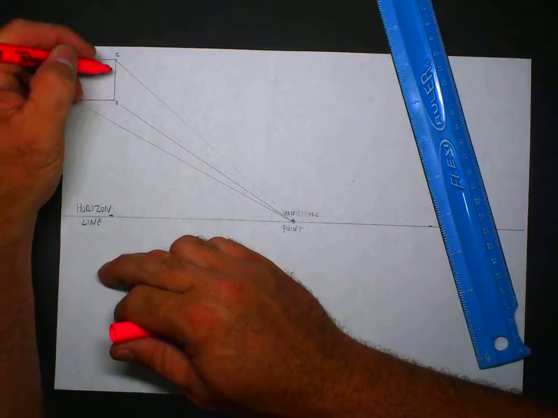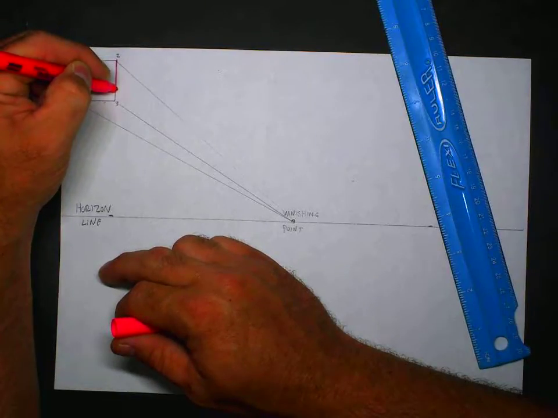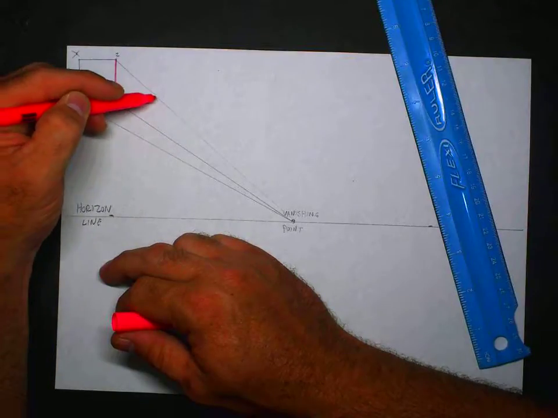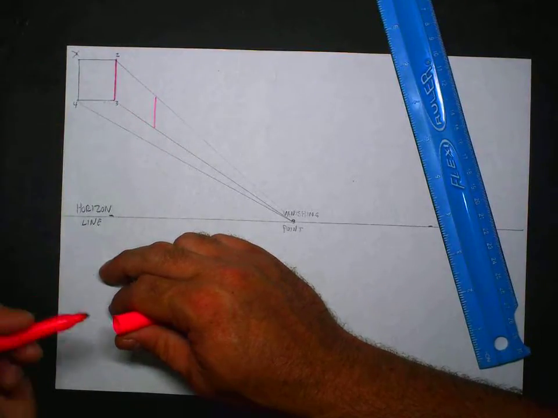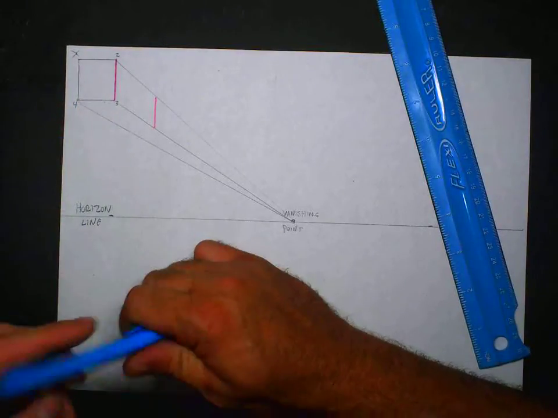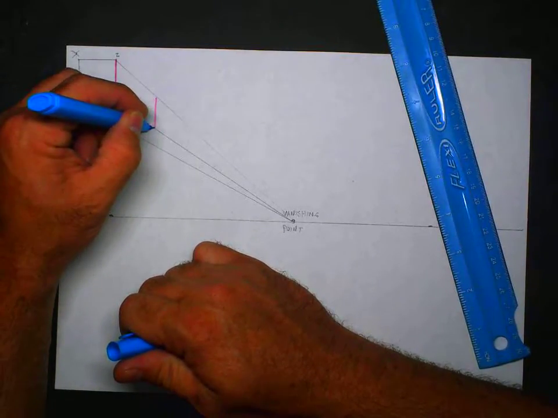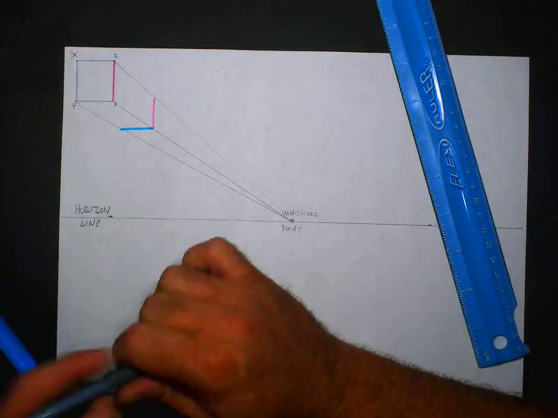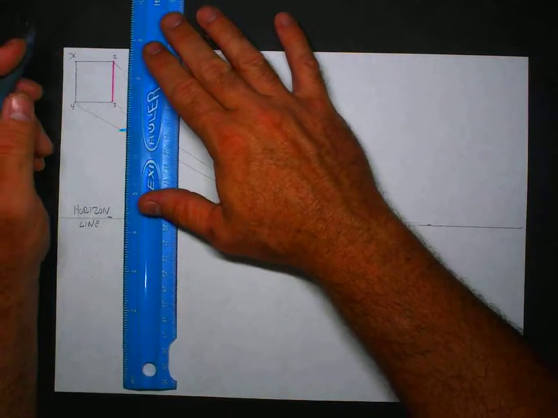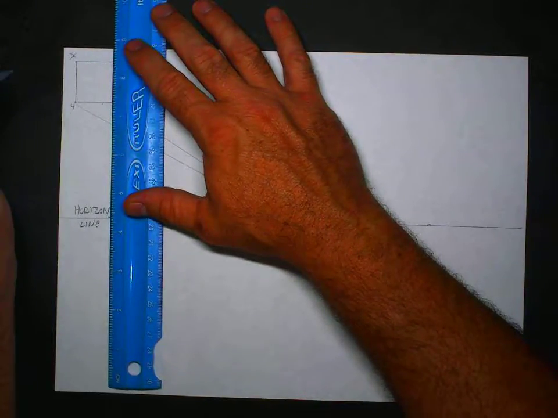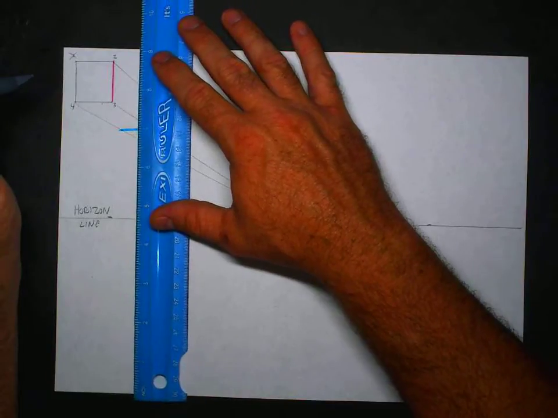My first one goes from corner 2 to 3. So if that one's up and down, just choose an area over here. This one's up and down. My bottom one goes 3 to 4. It goes left to right, so guess what? This one goes left to right. A good way to do this, lay your ruler down on the line you want to use, and just slide the ruler over.